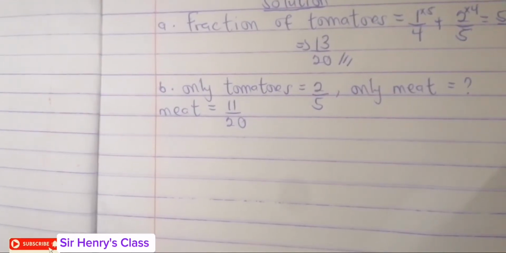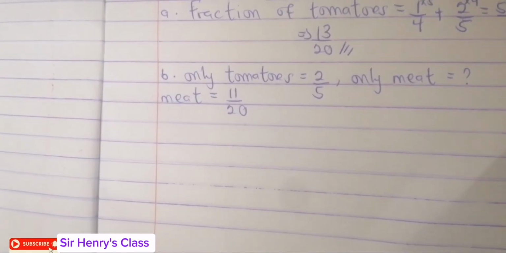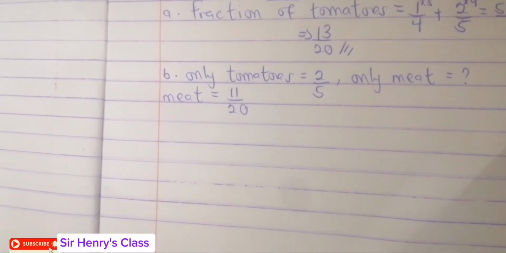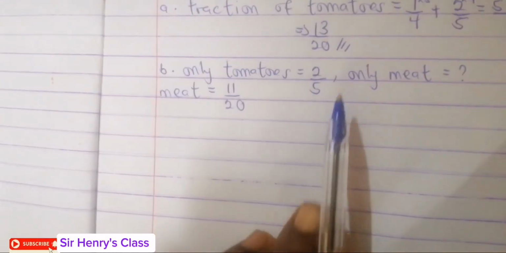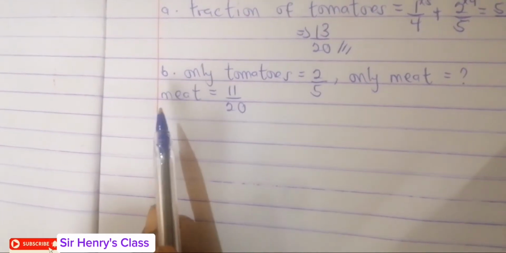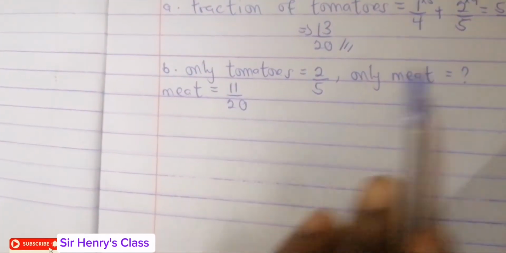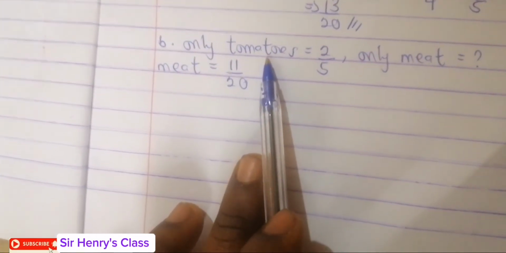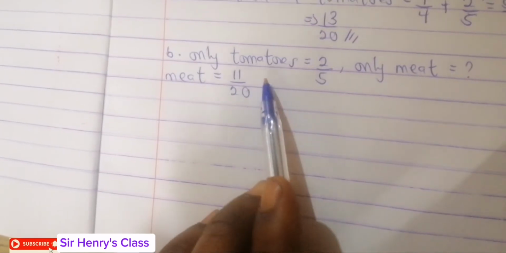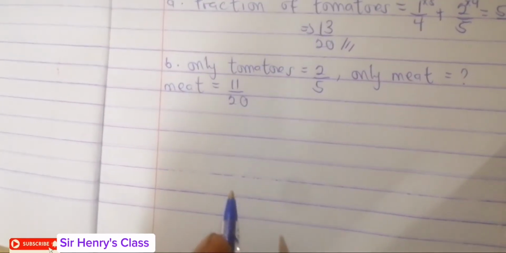So to find those who sell only one item, we need to find those who sell only tomatoes, which you already know to be 2/5. Then those who sell only meat, then we add the answers together. So we add only tomatoes plus only meat, but we don't know only meat, so we need to find it.